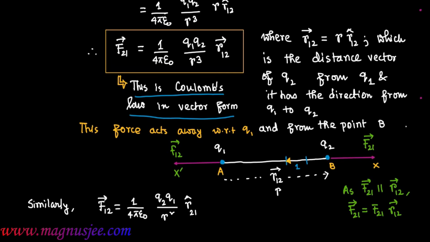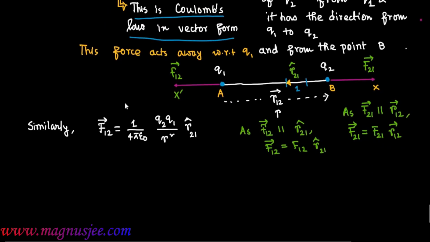Now we can denote the unit distance vector r21 cap. Vector r21 cap acts towards left and it has a magnitude 1. As vector F12 is parallel to vector r21 cap, we can write vector F12 equals magnitude of vector F12 times r21 cap.